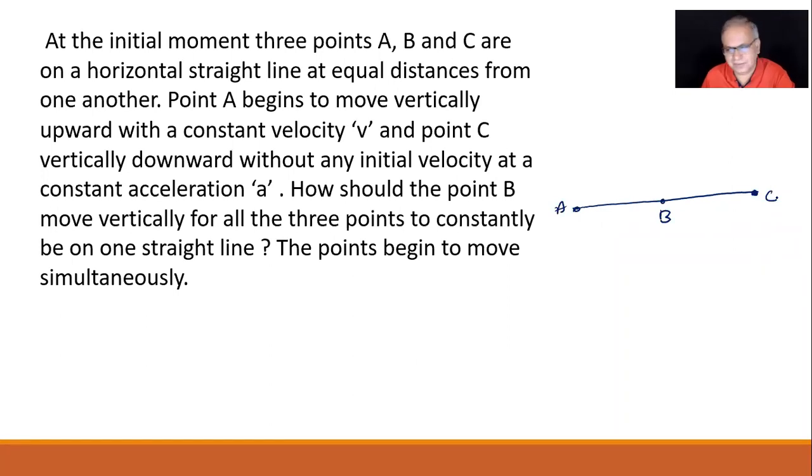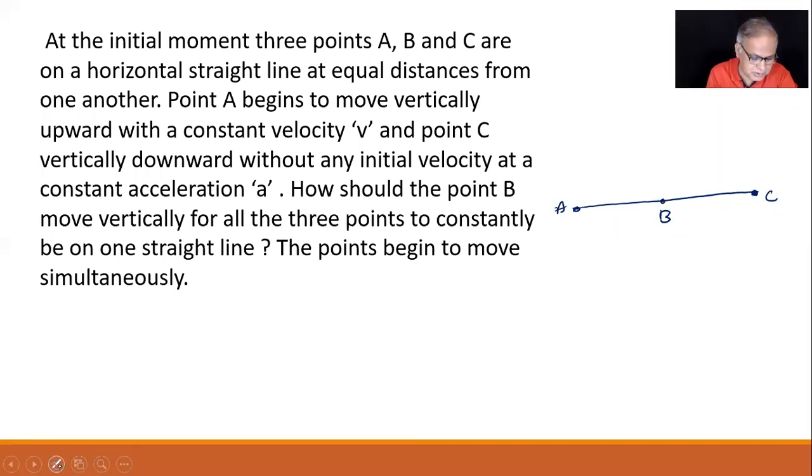Bhuvana, tell me, do you follow this? A moves up with constant velocity. C comes down with a constant acceleration, no initial velocity. So B should move up or down vertically so that they are on the same straight line all the time. Have you followed the question? Yes, sir. So, right.